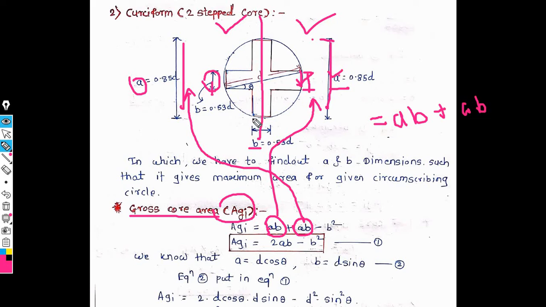This section is B into B, and both are in series, so we have taken B square.